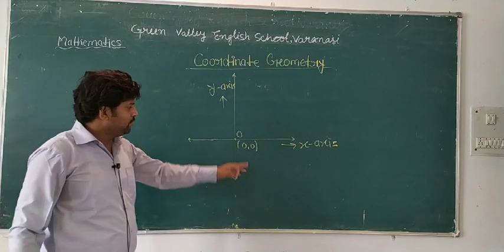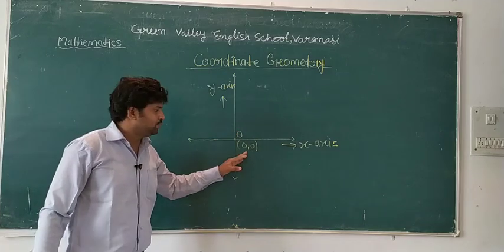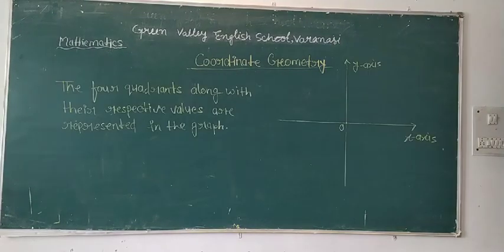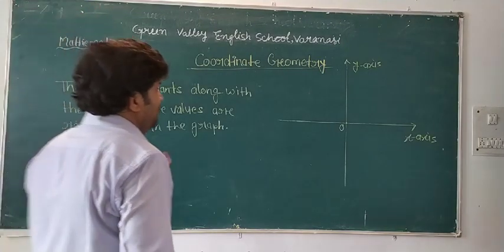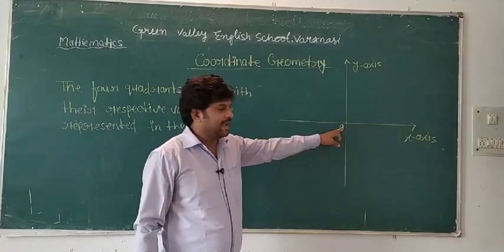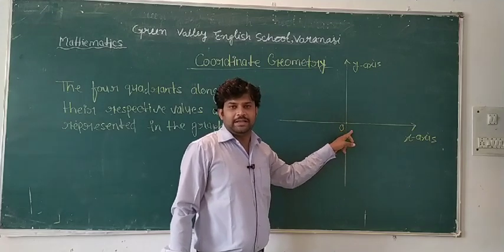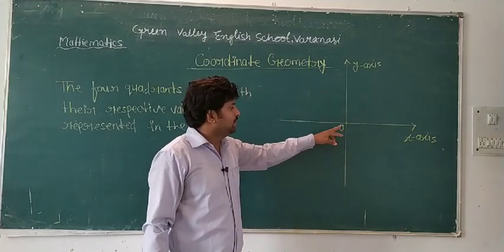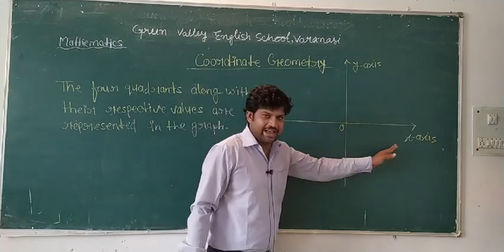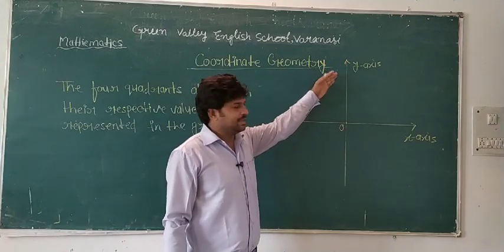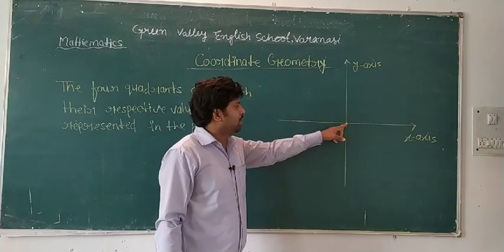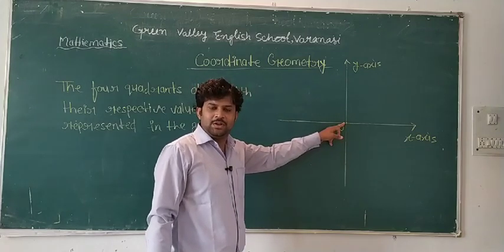It means the coordinate of the origin is what? The coordinate of the origin is 0, 0. Now two perpendicular lines intersect at point O, and how can we find the exact position of the origin? The exact position of the origin means the distance from the x axis and the distance from the y axis.